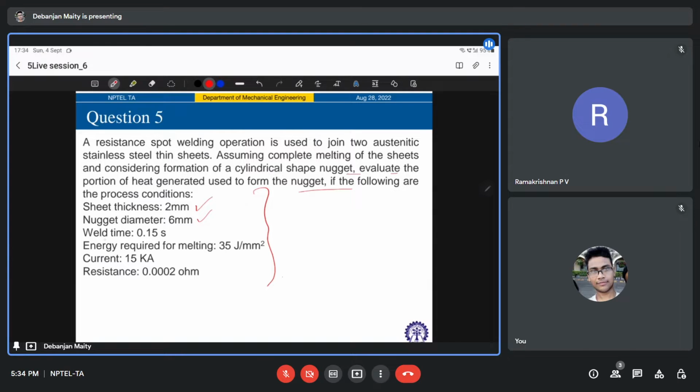We have the welding time as 0.15 second, and the energy required for melting is given as 35 joule per mm cube. So I simply know that Q is equal to I square R T, right?